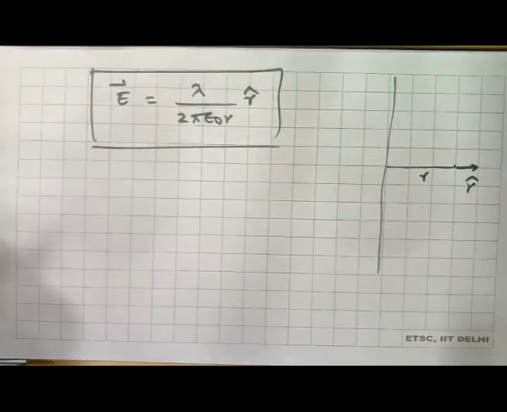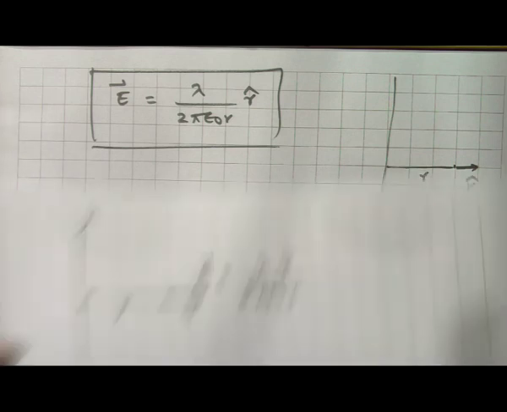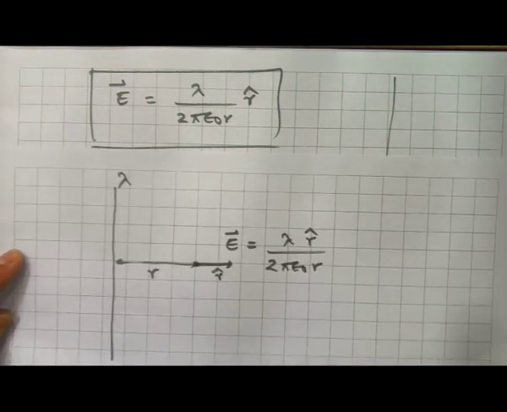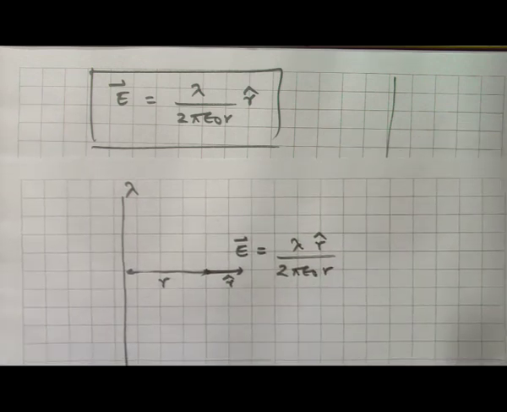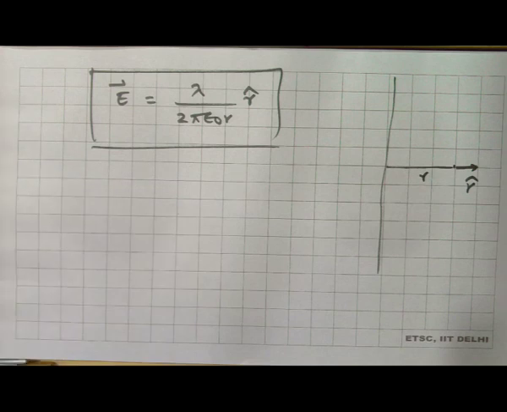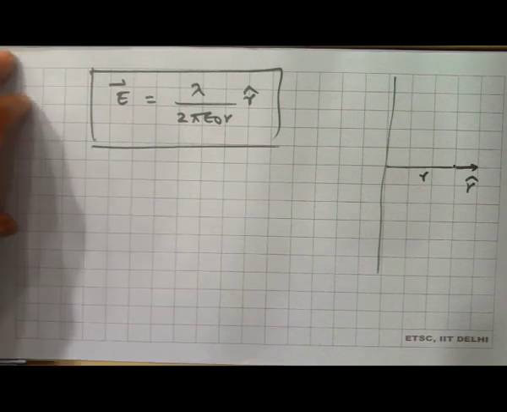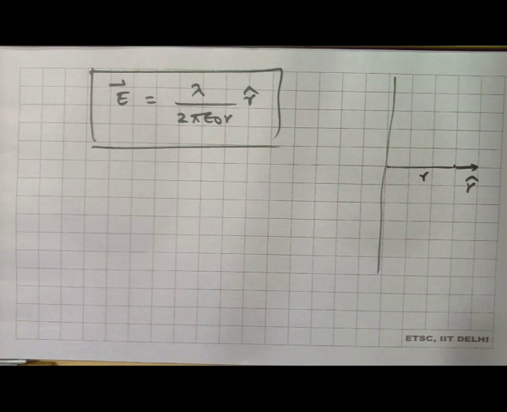Let me go back and look at what was the expression I got before. This was the expression which I got by integration of the total electric field from Coulomb's law. That is the expression which I got from Gauss's law, and you can see how much more simplified the application of Gauss's law was in this case, and that is because I am using symmetry arguments.